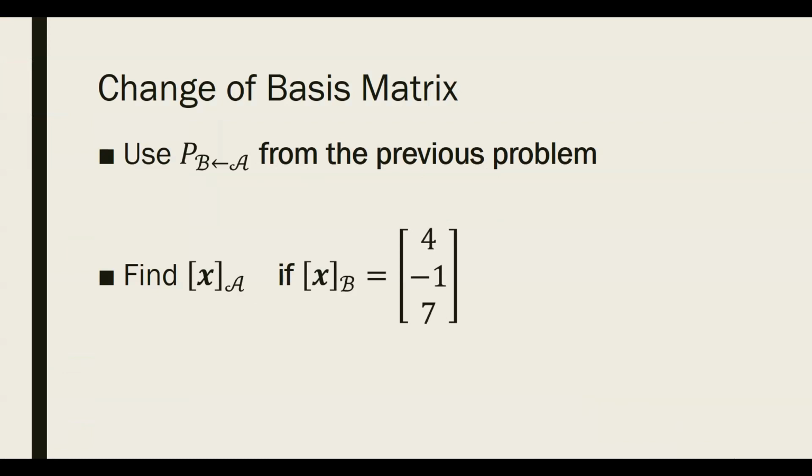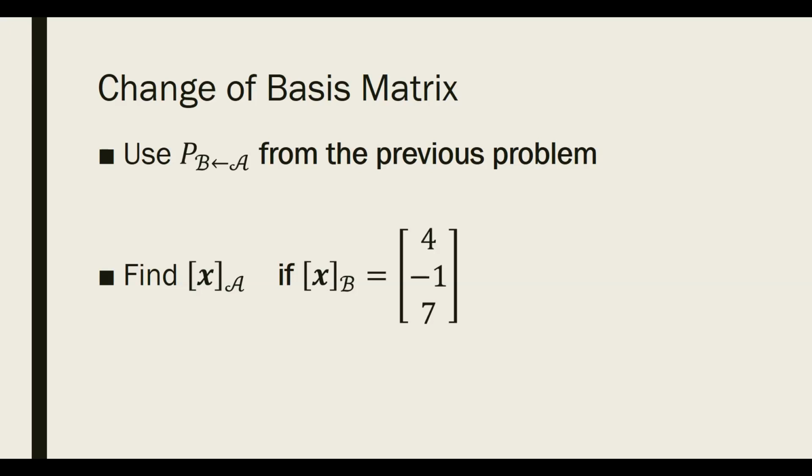Now, what's going to happen if we want to go the other way? All right, so we found this matrix P, which takes me from A to B. What if I wanted to go from B to A?